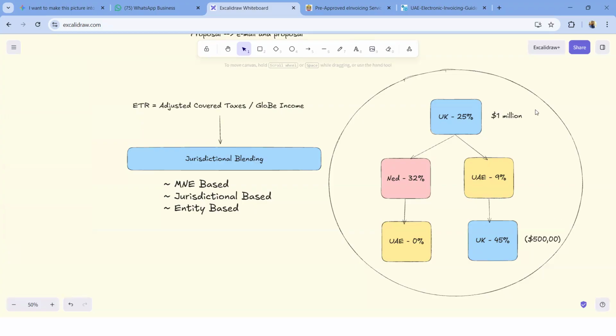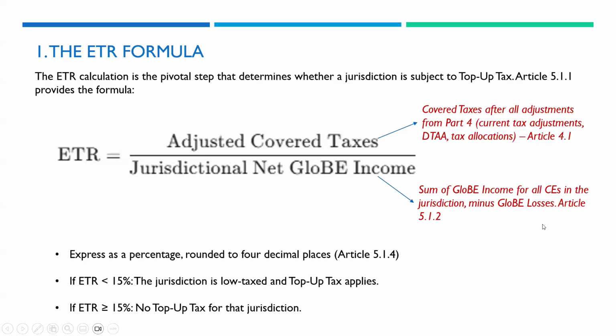So you have to add all the positive ones minus the sum of all the negative ones. So here the denominator for ETR calculation in the UK would be 500,000. Okay, is this clear? The ETR formula and how jurisdictional blending has to be applied.